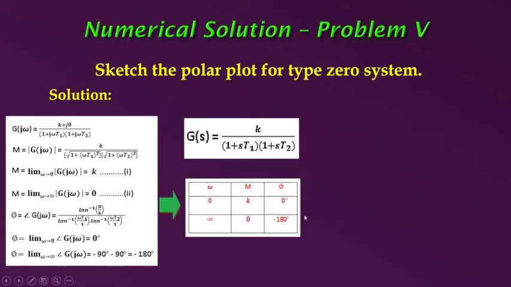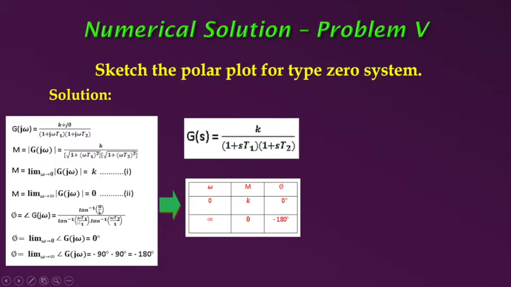Then taking this table, when ω equals 0, calculate the magnitude. Put ω equal to 0, then the magnitude is equal to K. Similarly, when we put ω equal to infinity, we get magnitude equal to 0. Then when ω equals 0, calculate the angle.